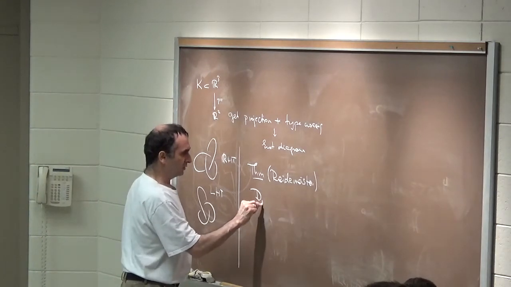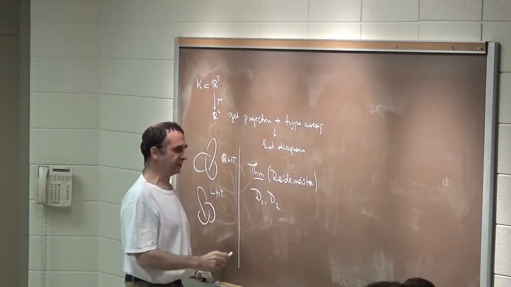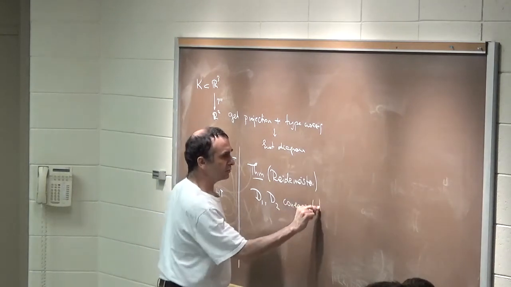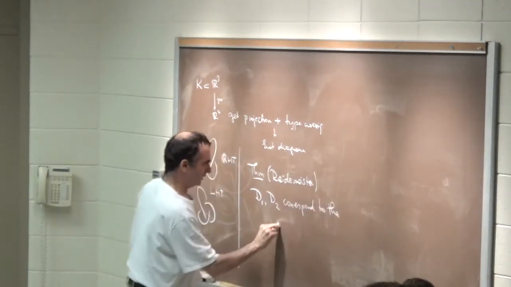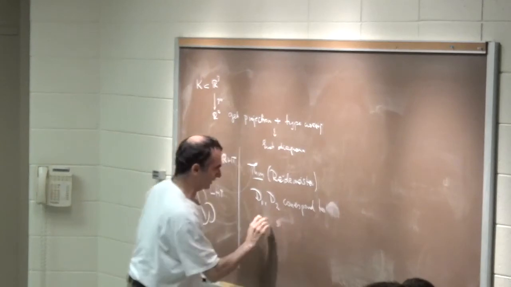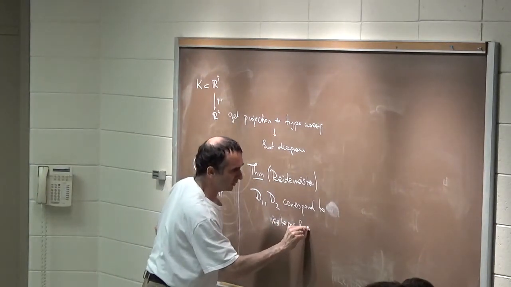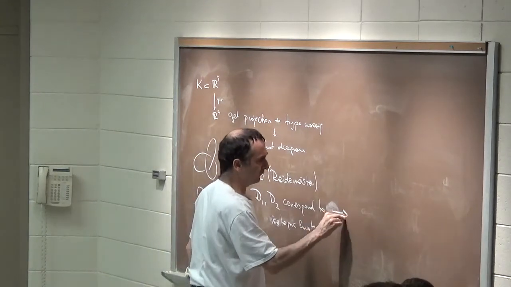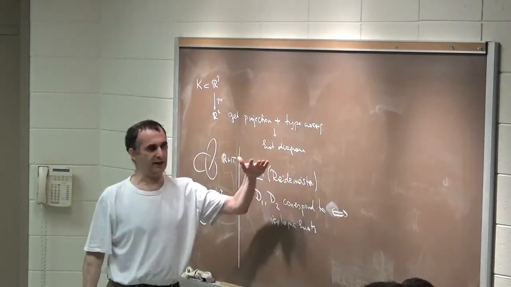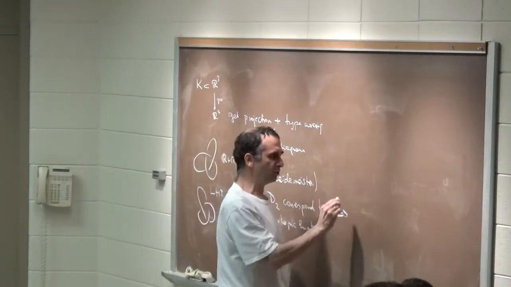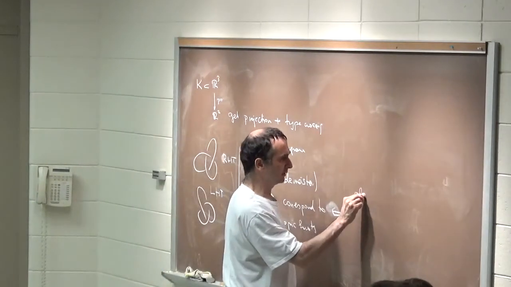So two diagrams, D1 and D2, correspond to two isotopic knots if and only if they differ by, well, 3.5 moves. So the 0th move is planar isotopy.